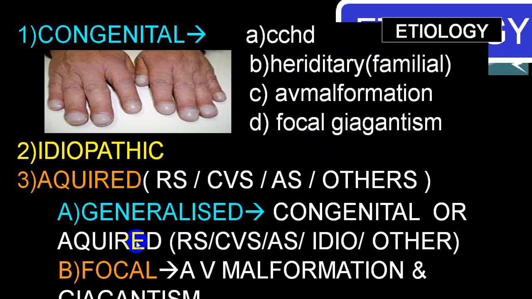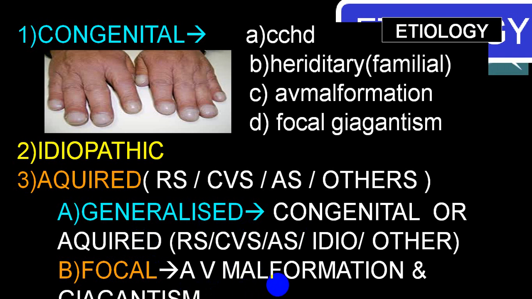And among acquired: respiratory, cardiovascular, alimentary system, idiopathic, and miscellaneous. So, as far as generalized is concerned, the congenital group is there, and among the acquired group, respiratory, cardiovascular, alimentary, idiopathic, and miscellaneous will be generalized. While focal is only AV malformation and gigantism.